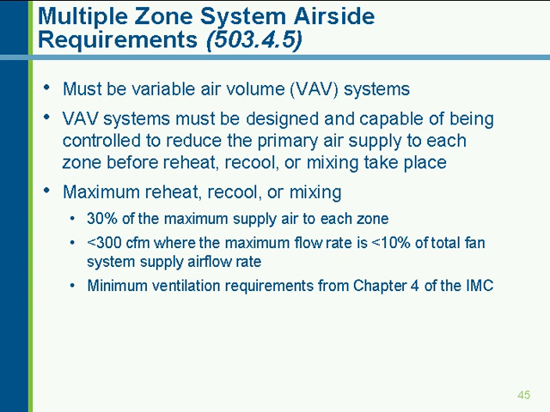Okay, multi-zone system airside control requirements. If you've got a multiple zone system, it must be a variable air volume system. There are some exceptions. We'll get to those in a couple of minutes, but the variable air volume system must be designed and capable of being controlled to reduce the primary supply airflow to each zone before reheating, recooling, or mixing takes place. There's a maximum flow of air that can be reheated, recooled, or mixed, and that maximum flow must meet one of the following three.